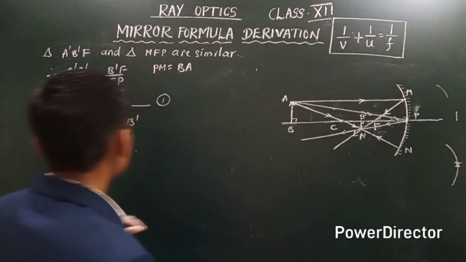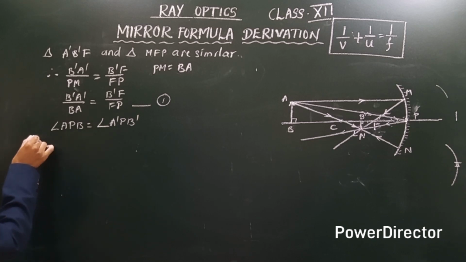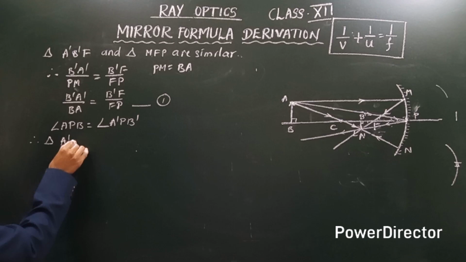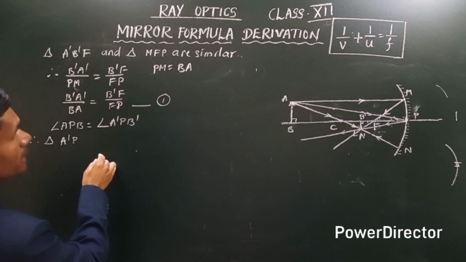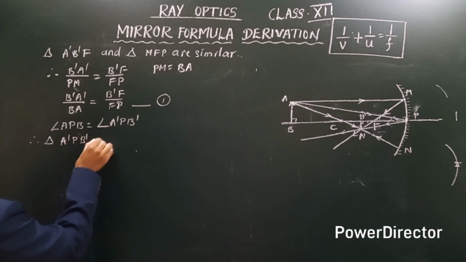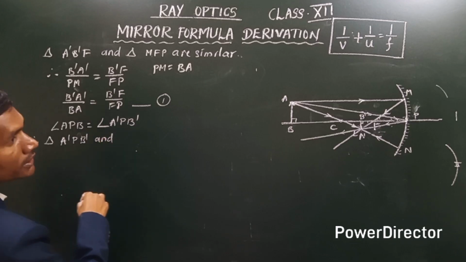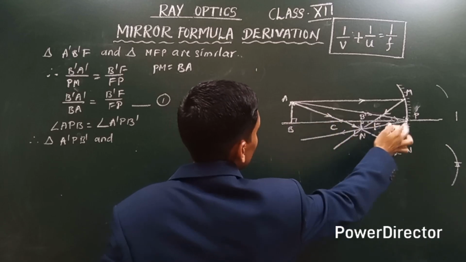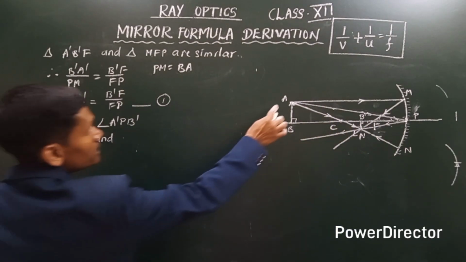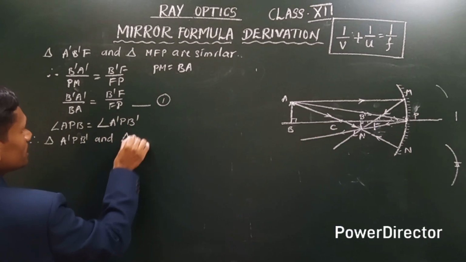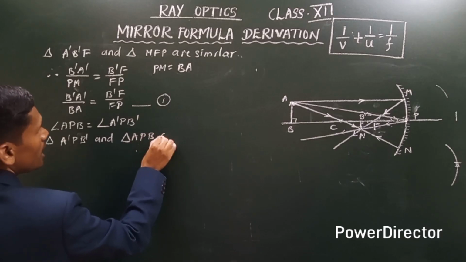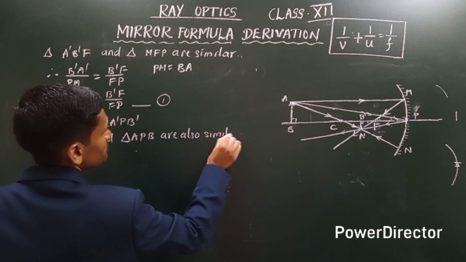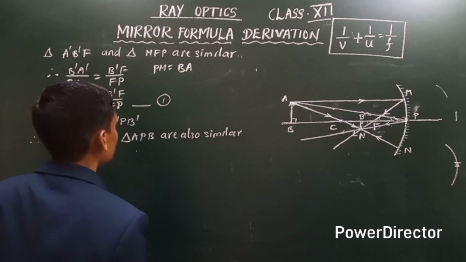Okay. If they are similar triangles, what can we say? Therefore, triangle A dash B dash P, and here A dash P B dash you take, and triangle APB, not A dash, this is A. These are also similar.